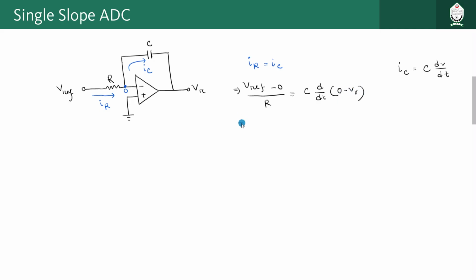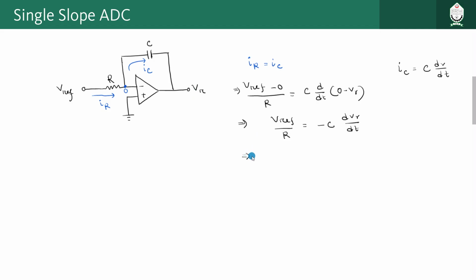So this is the final equation, and finally we can say Vref divided by R equals minus C dVR divided by dt. Now what we are trying to do is find out the value of VR, so we will try to keep VR on one side and move everything to the other side.